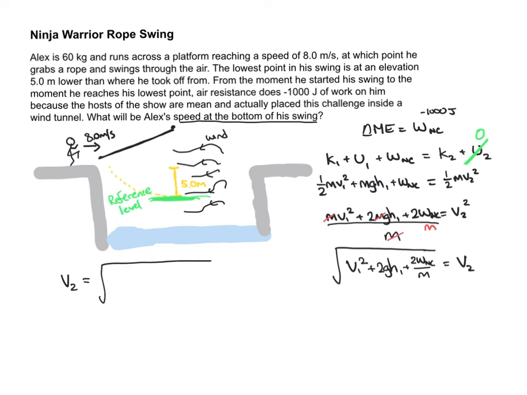So the starting speed was 8.0. g, the starting height is 5.0. I'm going to say minus, well, no, I'll say plus 2 times negative 1,000 divided by the mass of 60.